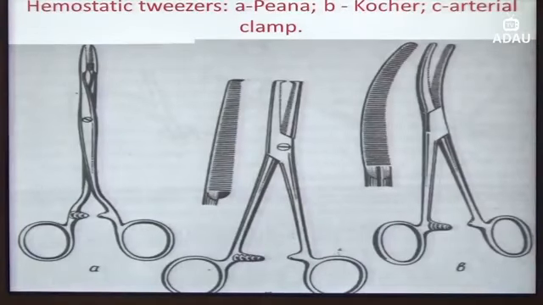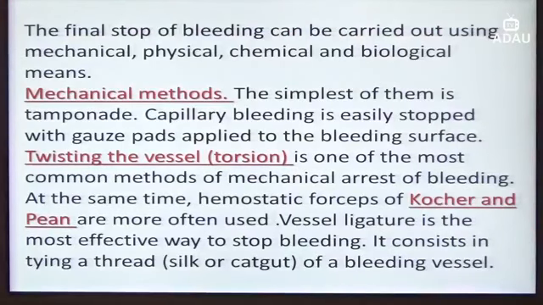And hemostatic tweezers: there are Pean and Kocher. Pean has no teeth on the tip, but Kocher has teeth on the tip, and there is the hemostatic curved clamp, which we use during operation. Most commonly and most importantly, we use these tools: tweezers, hemostatic clamp, surgical scalpels, and surgical tweezers. As I said, the mechanical method is a very simple, easy way.